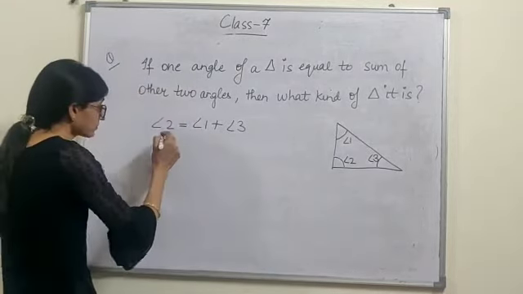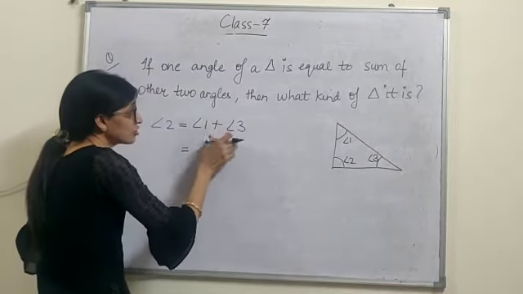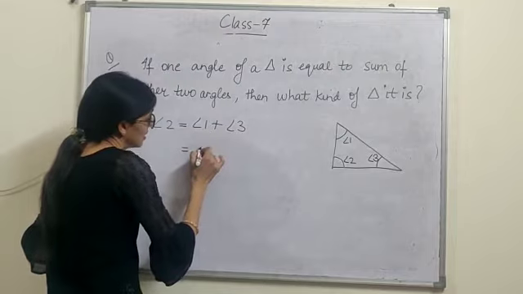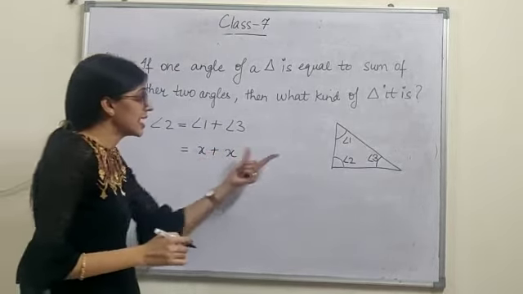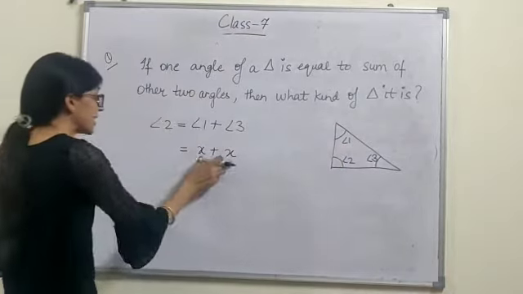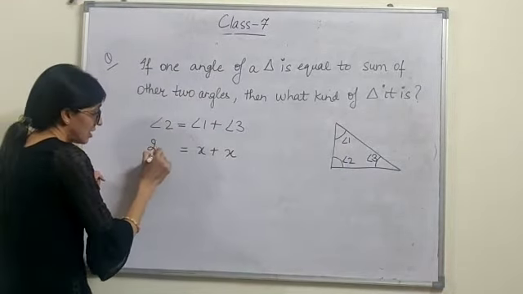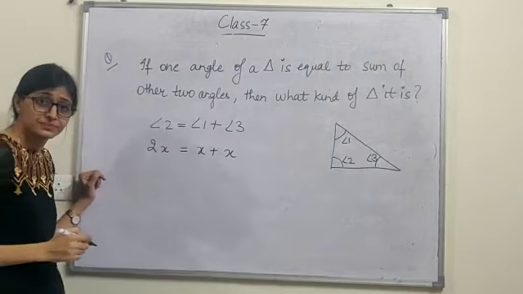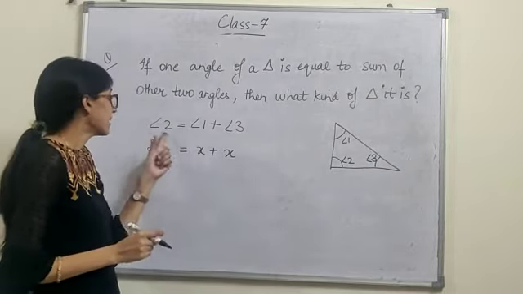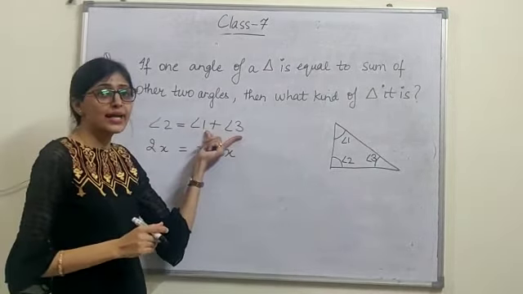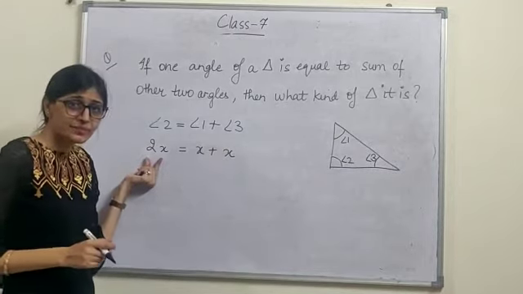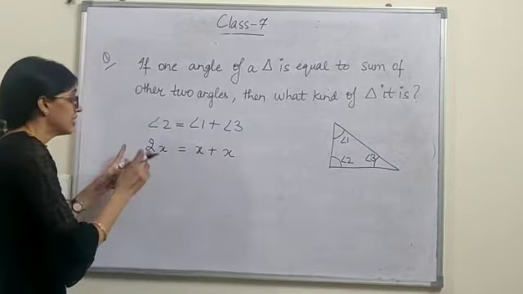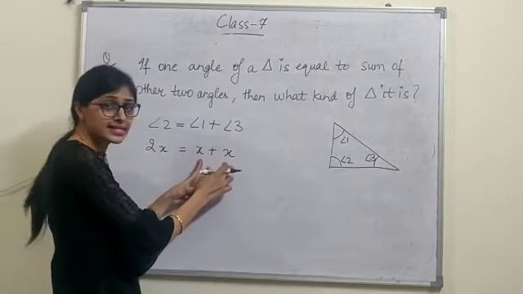Now let's take these two angles as x. So this angle will be twice of x, right? If this angle is equal to the sum of these two angles, then if these are x and x, this is twice of x, right? Now this is 2x, this is x.